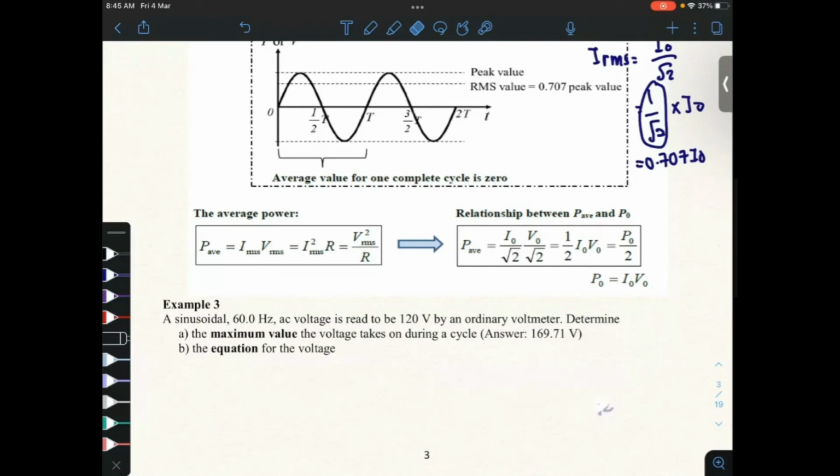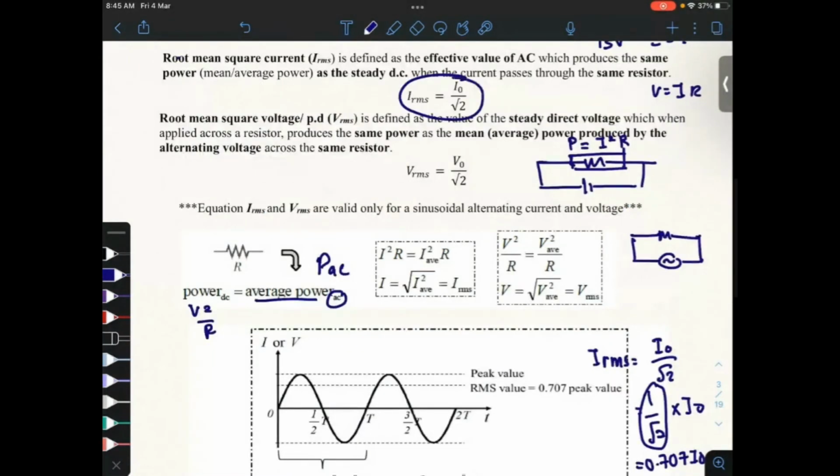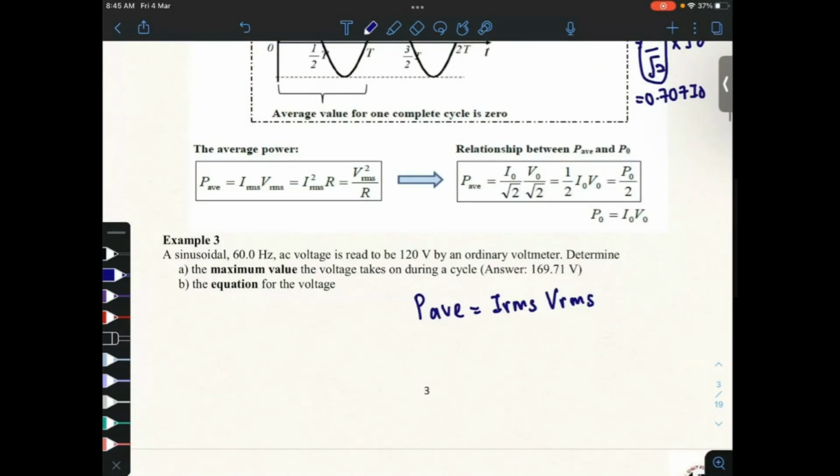P average ini. Kalau kita nak kembangkan, P average is equals to IRMS, VRMS. Dekat atas ni kita cakap IRMS sama dengan I0 over set 2. So kita substitute I0 set 2. And then VRMS pula adalah V0 set 2. Apa yang kamu akan dapat adalah 1 over set 2 darab dengan 1 over set 2, you get 1 over 2 sahaja. And then I naught, V naught.